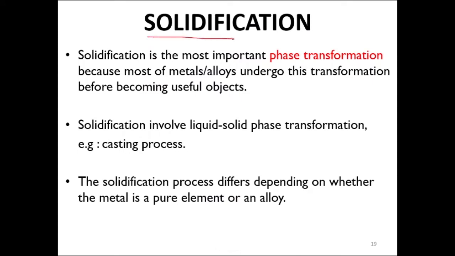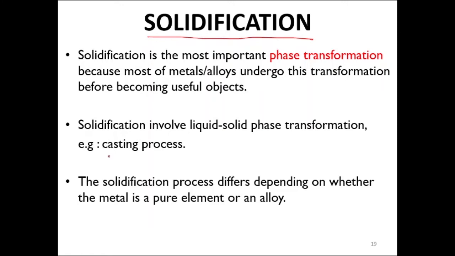When we talk about solidification, it means it involves a liquid to solid phase transformation. So it will start from the liquid phase and then cool down until it forms the solid phase.